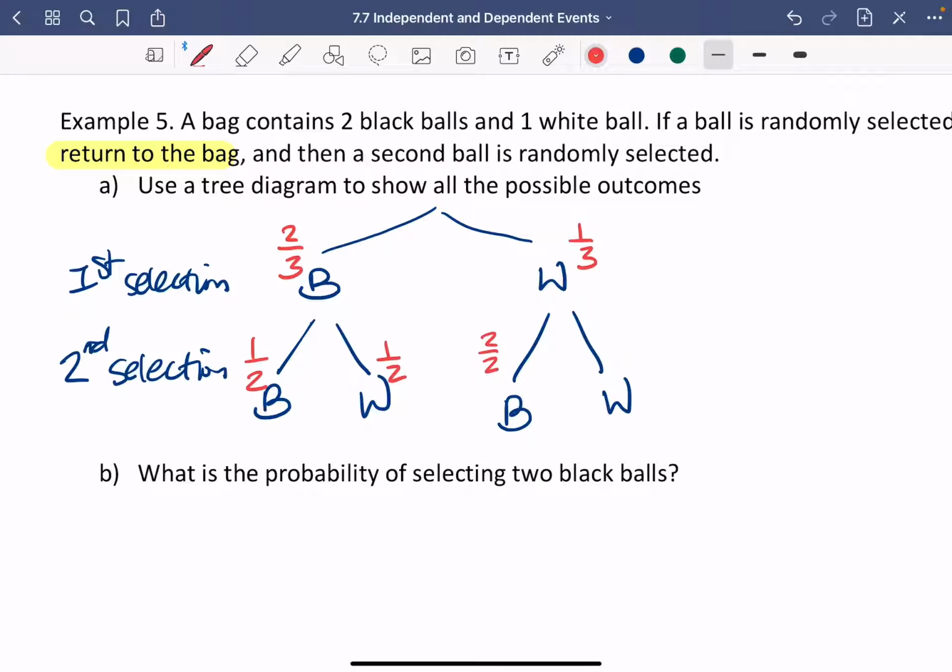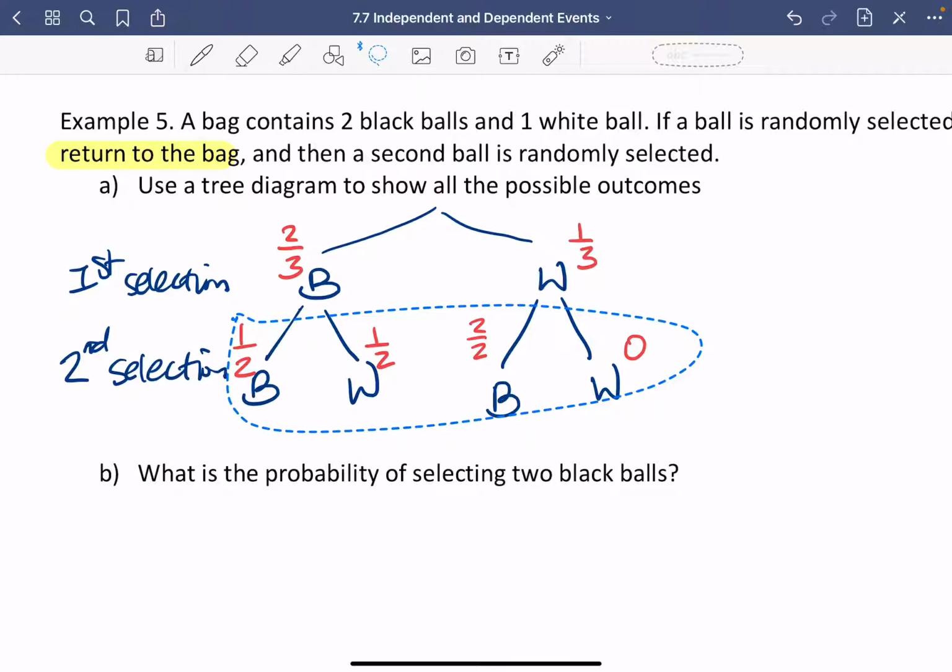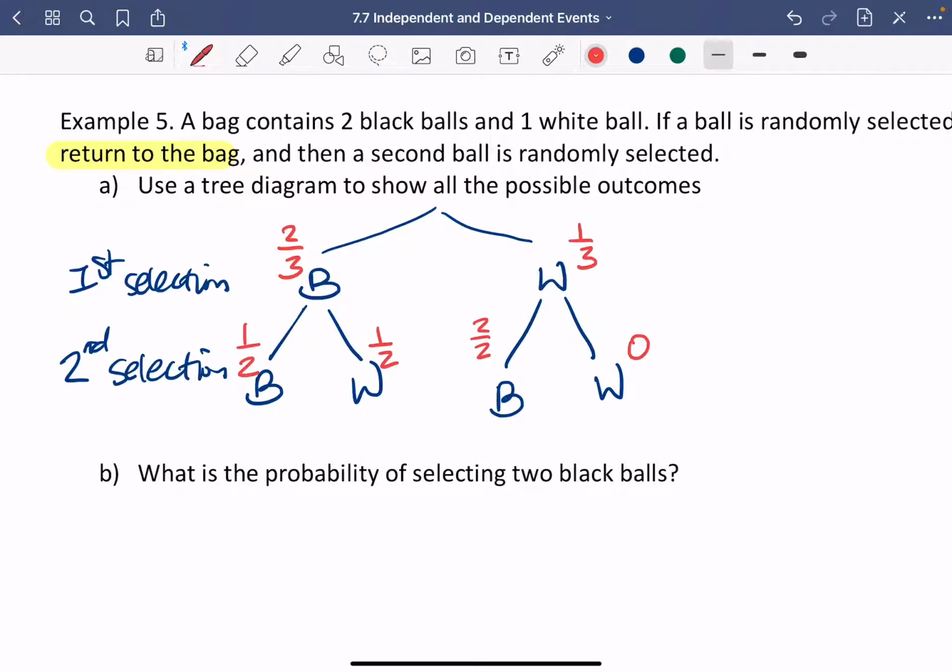Okay, and what's the chance of getting a white ball? Well, it's 0 because you can't get any whites. There's no white left, right? Okay, so let's list all the possible outcomes. Well, we can have a black, a black, a black and a white, and a white and a black. But can we get 2 whites? No, that doesn't work.